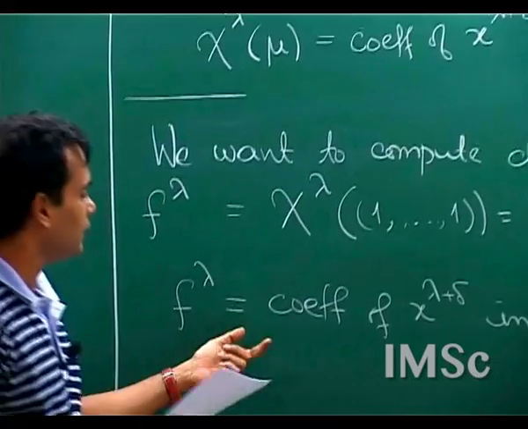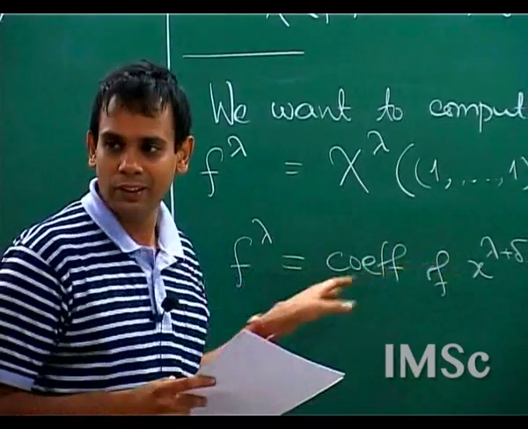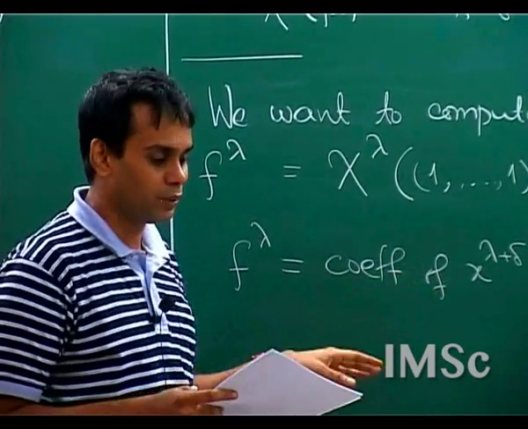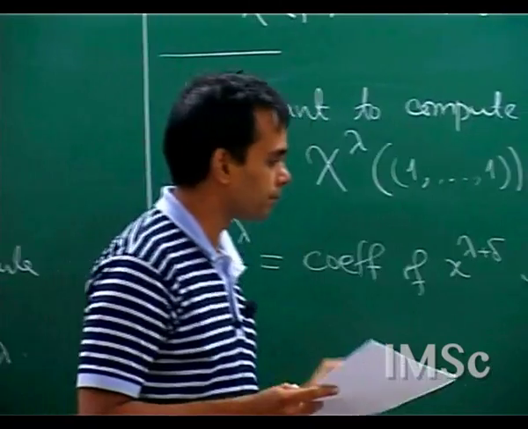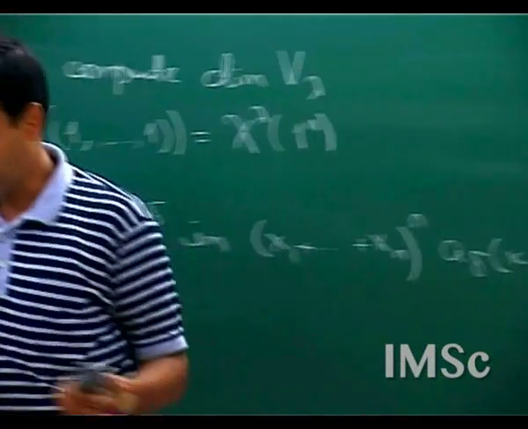Frobenius actually gave a nice expression for this calculation, which I will do on the way to getting the hook length formula. So I'll call that the Frobenius dimension formula.